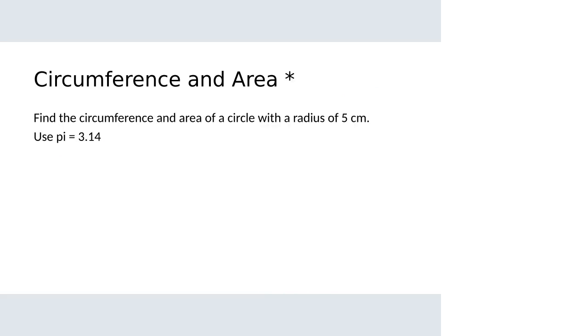All right. Find the circumference and the area of a circle that has a radius of 5 centimeters. And there's a little note, use pi as 3.14, so don't use a pi button.